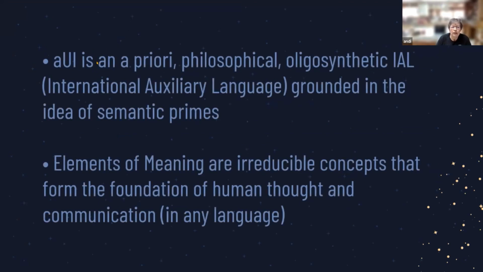So aUI then is considered a priori, philosophical, oligosynthetic auxiliary language grounded in the idea of semantic primes. So you know, I'm sure most of you know, a priori meaning not based on any existing language, philosophical in that it is guided by some very basic idealistic design, and oligosynthetic, meaning that it is built up from very few basic elements.